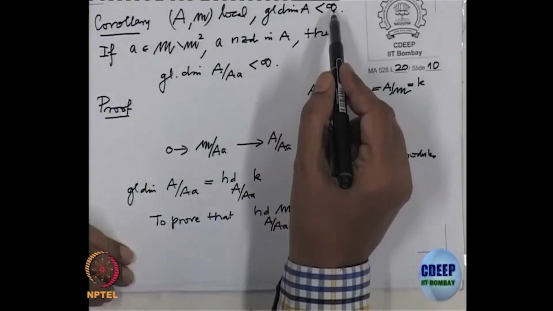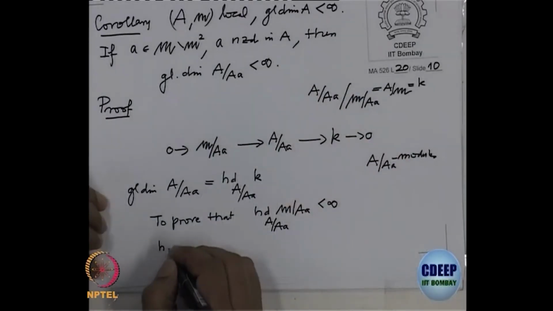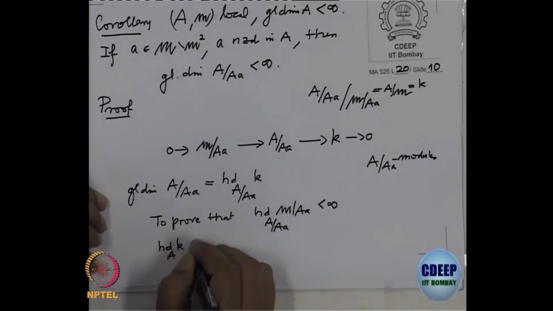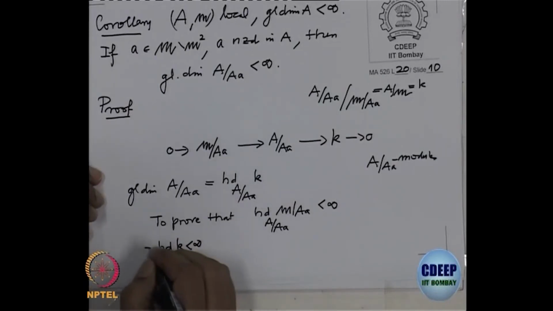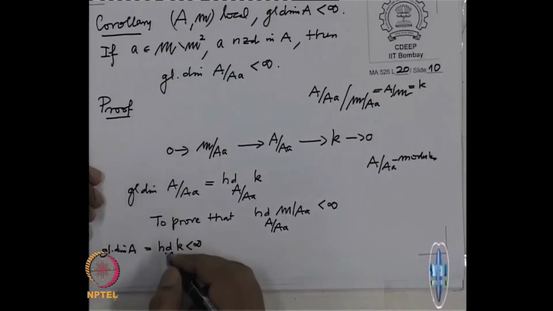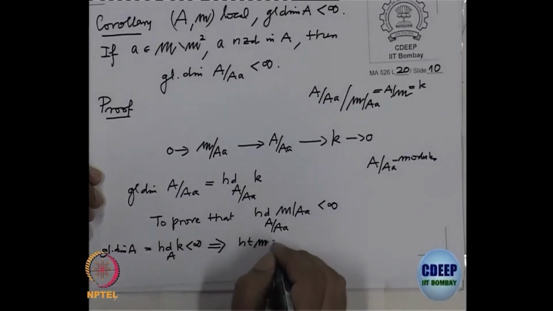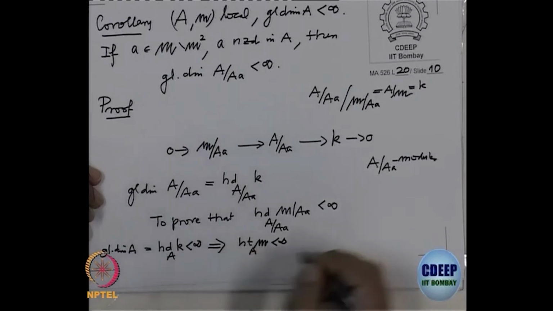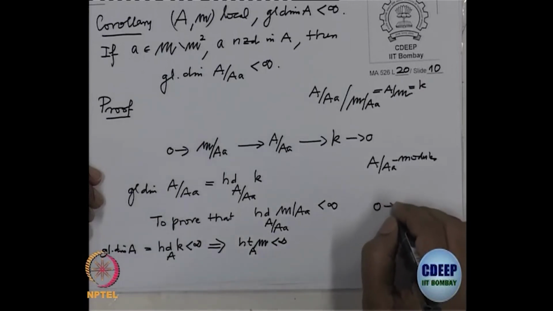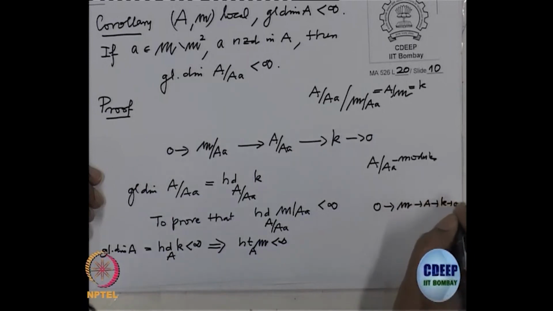But now our assumption is that the global dimension of A is finite. So, that means the homological dimension of K as a module is finite. This is precisely the global dimension of A, and if this is finite, that will also mean that the homological dimension of M is finite as a module, because again use the short exact sequence 0 to M to A to K to 0.